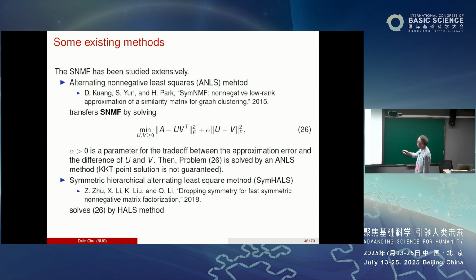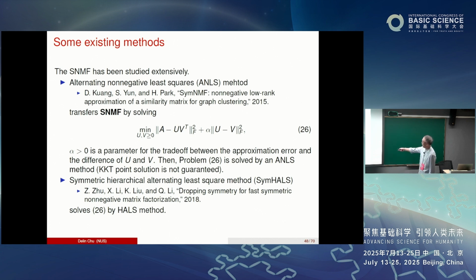For example, instead of solving the symmetric problem directly, we can solve this minimization problem. This is the typical approach used in the optimization society. Here, the parameter alpha greater than 0 is a parameter for the trade-off between the approximation error and the difference of U and V.